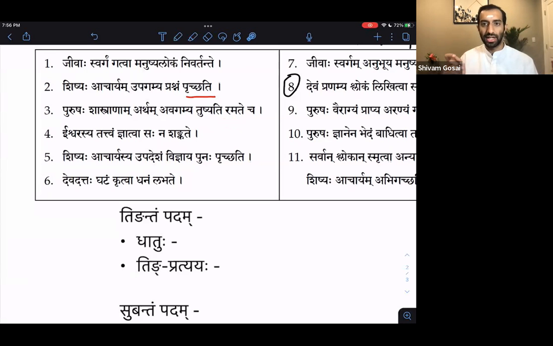Ramate, ram dhatu, 1a. So atmanepada, right? Lat lakara, kartari prayoga, prathama purusha, ekavachanam. It means to play, ram, to play or to revel. We look at our first case, who? Purushaha. So the purusha, the person, is satisfied and enjoys.